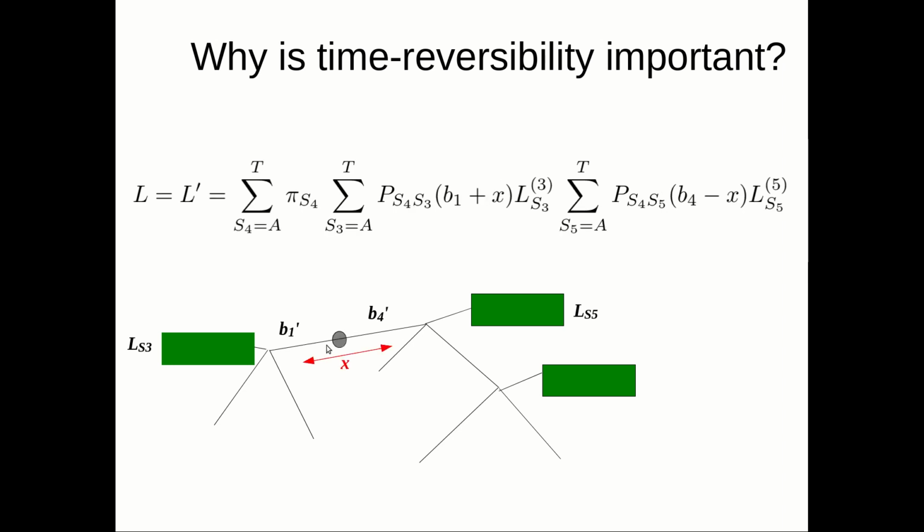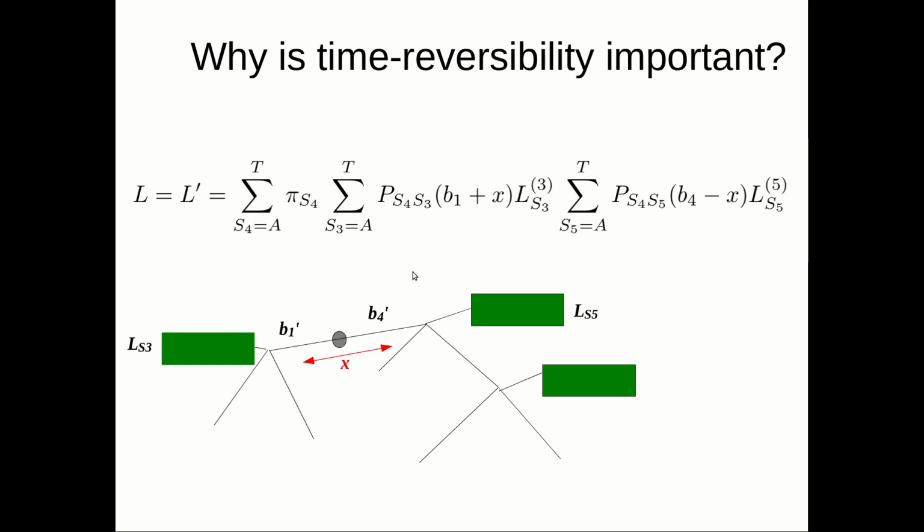The reason why time reversibility is important, I've explained that before, is that we can arbitrarily move the position of our root along this branch without changing the likelihood score, right? As long as your model is time reversible, it doesn't matter at all where you place your virtual root here, because evolution occurred in the same way, whether followed forward or backward in time.